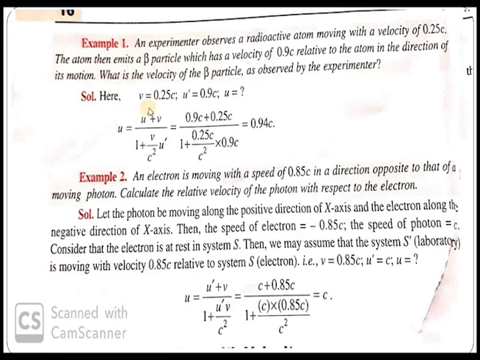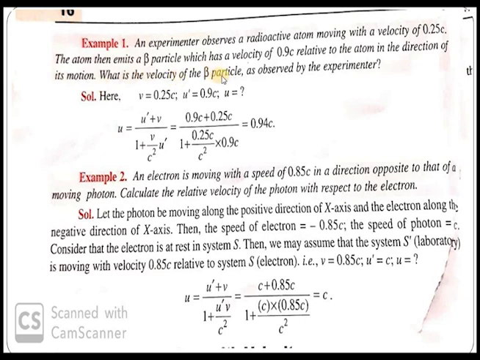Here, the radioactive atom is moving with velocity 0.25 c and the atom is emitting a beta particle with velocity 0.9 c relative to the atom in the direction of its motion.